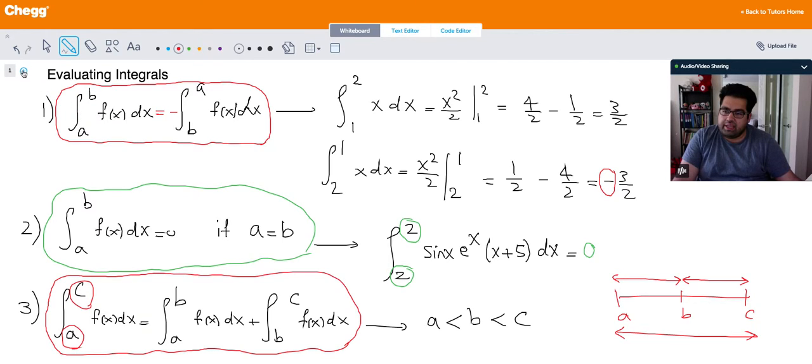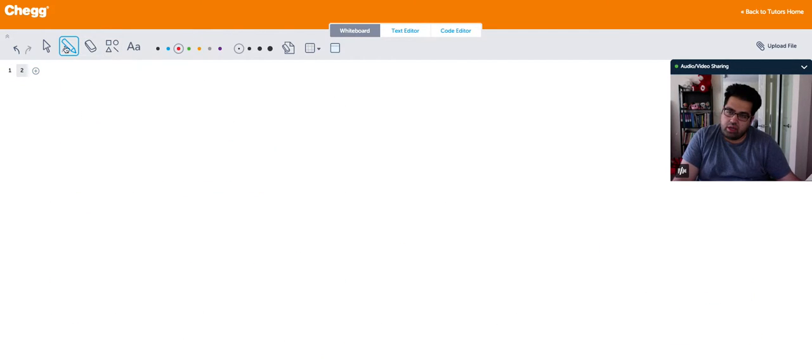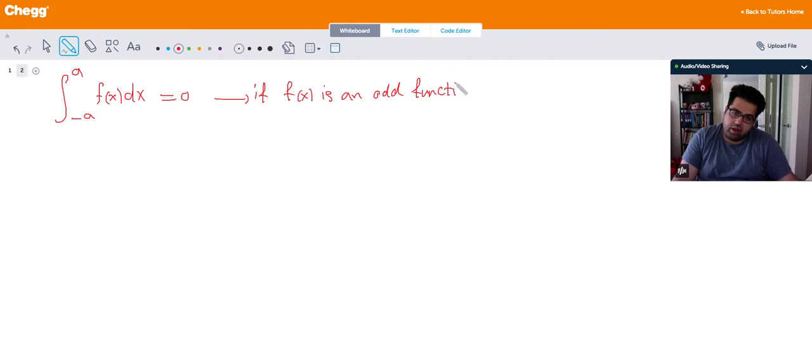Another one I recommend you know is the integral from negative a to a of f of x dx. This is going to be 0 if f of x is an odd function. What do I mean by an odd function? An odd function is totally symmetric about the origin.